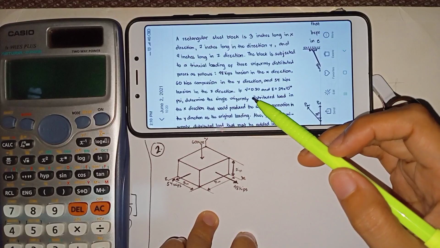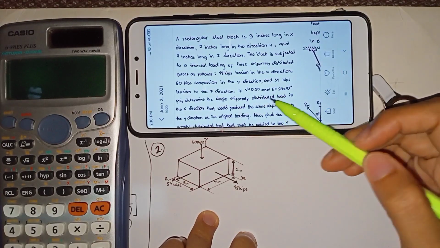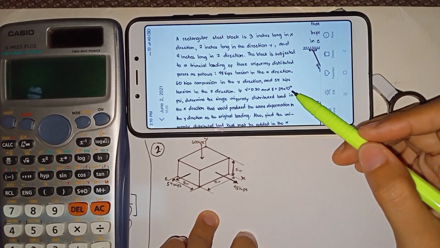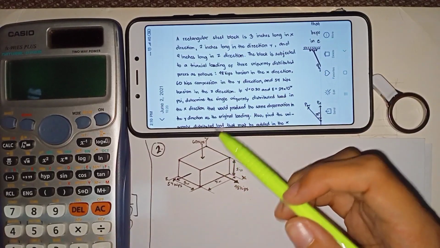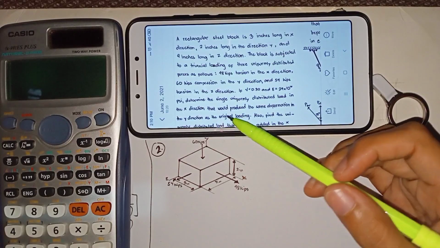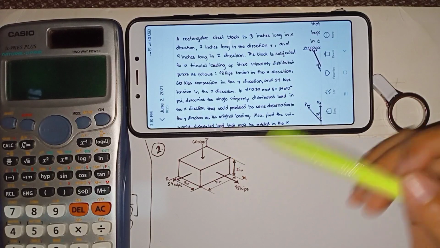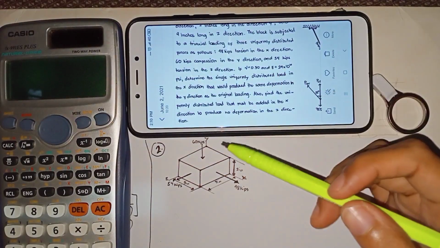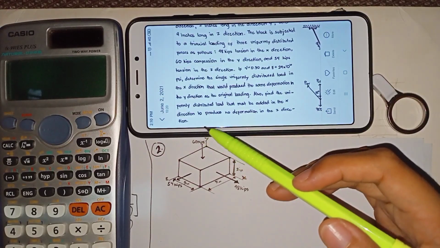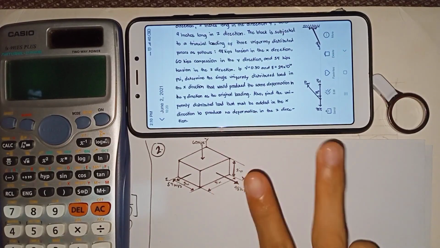If the nu is equal to 0.30 and the elasticity is equal to 29 times 10 raised to 6 psi, determine the single uniformly distributed load in x direction that would produce the same deformation in the y direction as the original loading. Also, find the uniformly distributed load that must be added in the x direction to produce no deformation in the z direction. So, meron tayong dalawang hinahanap dito.